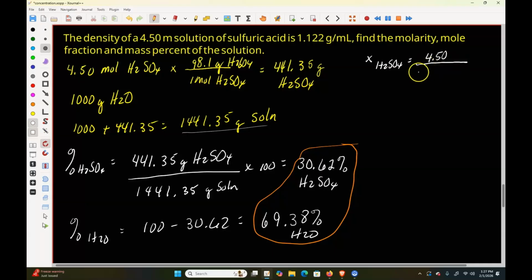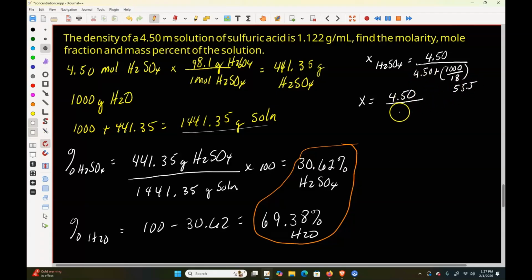Now my water, I have 1,000 grams. If I divide that by 18, that will give me my moles of water. So that's going to be 4.5 divided by, okay, this will be 55.5.